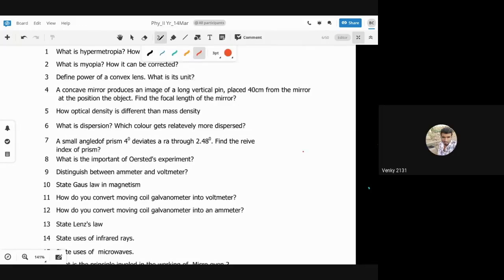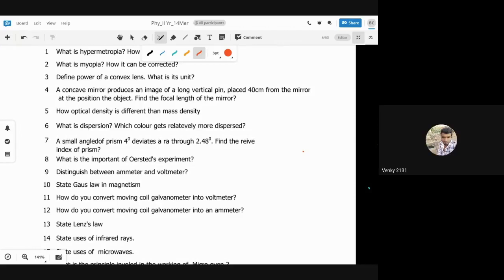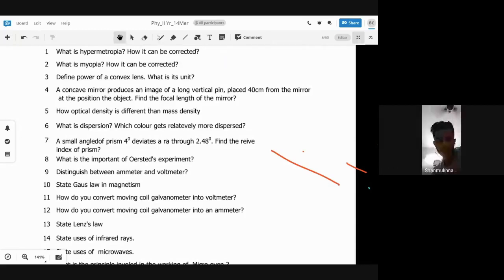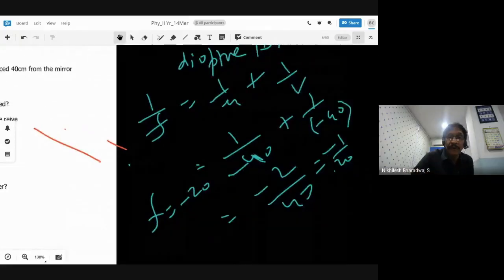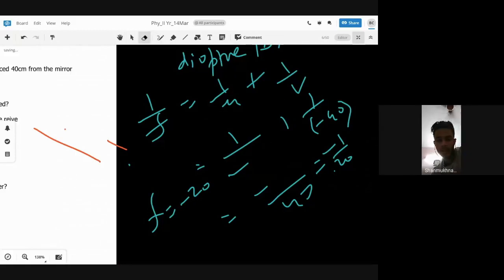A small angle of prism 4° deviates a ray through 2.48 degree. Find the refractive index of the prism. The formula used is mu equal to D by A plus 1.